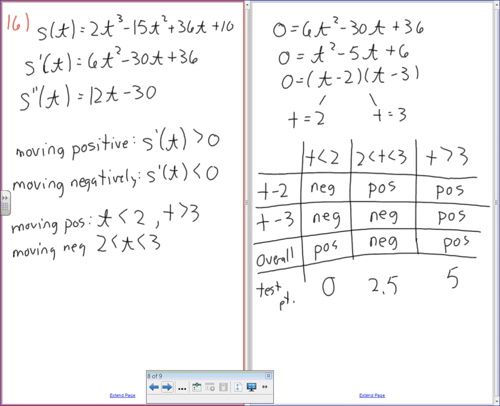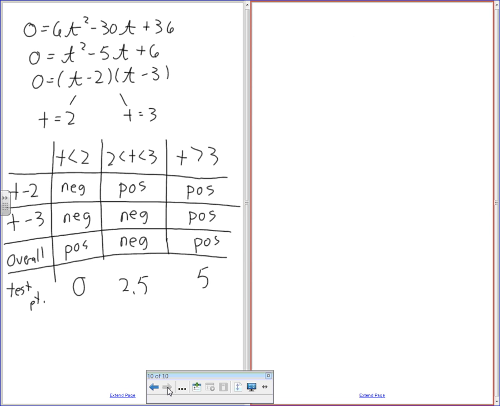Okay, letter D. Oh, total distance traveled. Because basically, can I leave this for right now? Because what you have to do with the total distance traveled, basically the graph is the way to go, right?